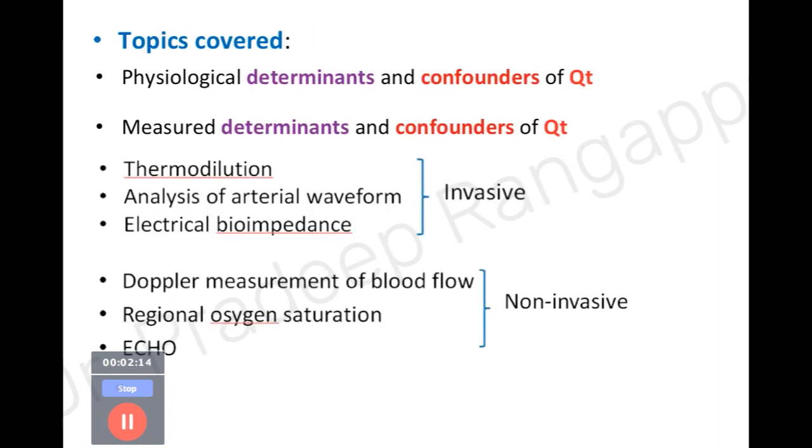See, for cardiac output, albeit we say that these are invasive and non-invasive, there are a lot of clinical signs that you could look at to assess cardiac output. It's very important for all the intensive care trainees to pay attention to the clinical measures of cardiac output. Someone who is very drowsy with cold peripheries itself will tell you his cardiac output is very low and there's not enough cerebral blood flow happening.